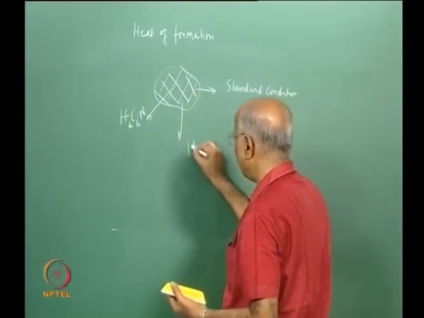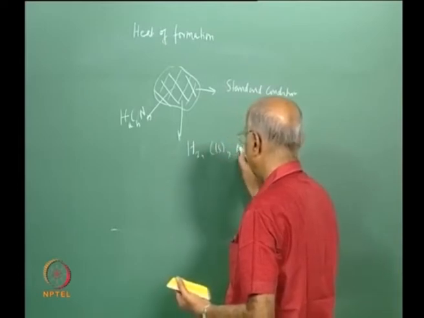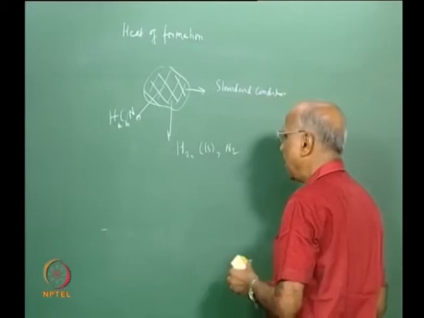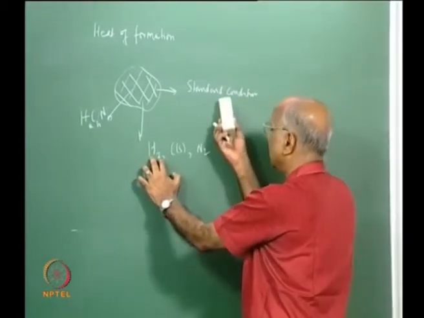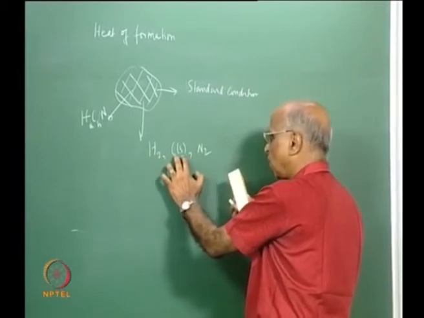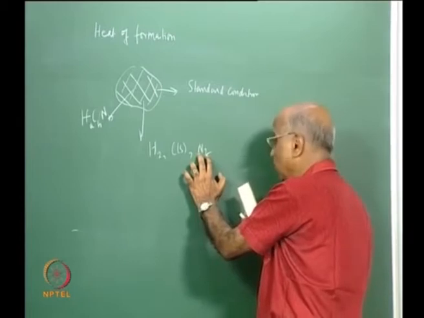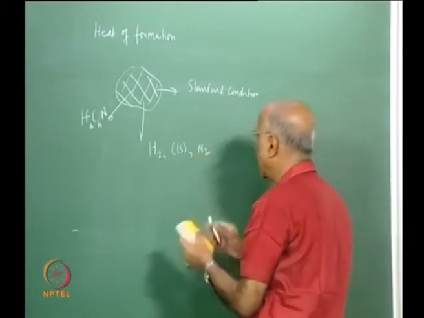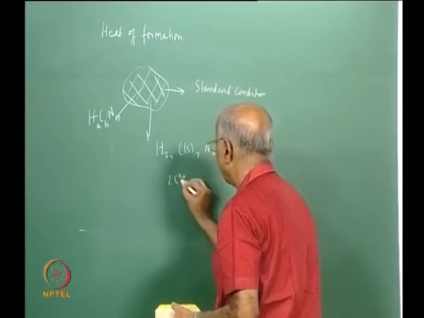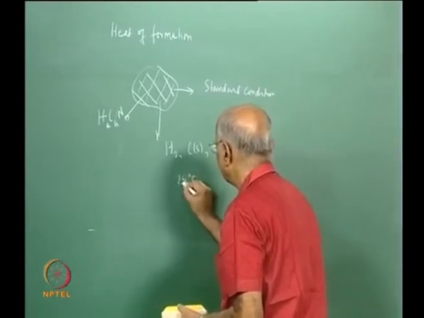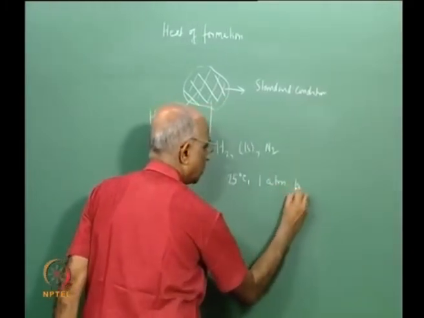They are again hydrogen as a gas, carbon as a solid, and nitrogen as a gas. Mind you, these are all substances. Hydrogen is a gas under standard conditions, carbon is a solid under standard conditions, nitrogen, I am sorry, is a gas. And the standard condition is taken as 25 degrees centigrade and 1 atmosphere pressure.